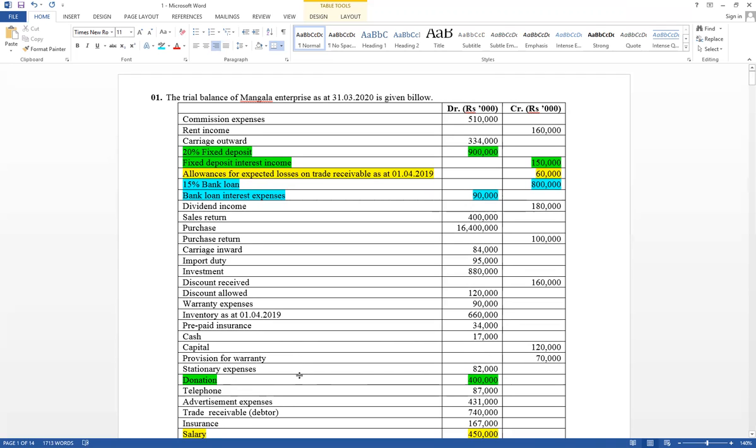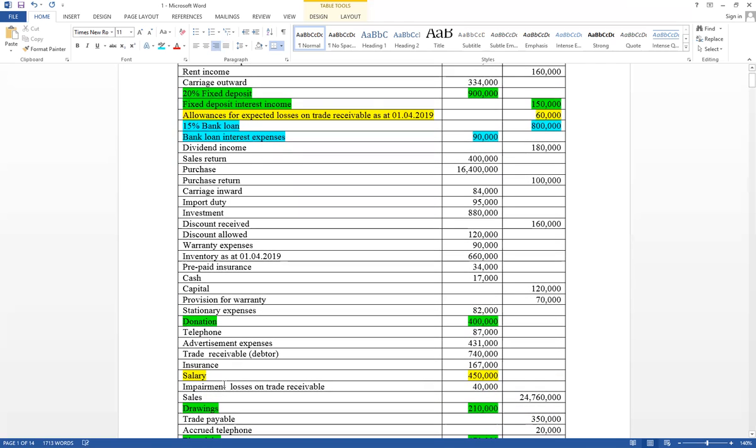Stationery expense under administration expense. Donation we have considered. Telephone expense also administration expense, first column. All the expenses first column. Advertisement expense, distribution expense. Trade receivable we have considered. Insurance, administration expense.